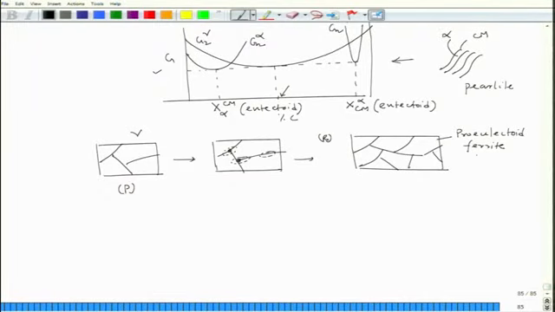So, this is polycrystalline ferrite, and then at this portion like this phase microstructure appears.